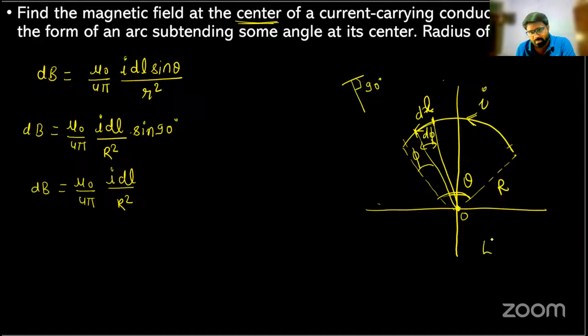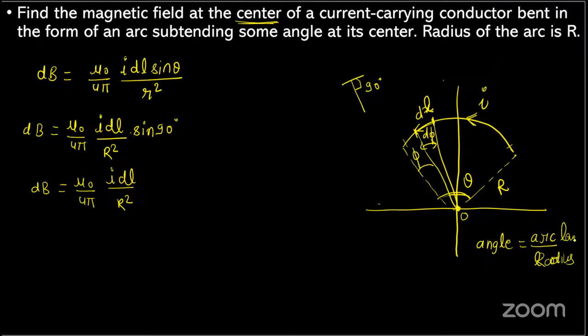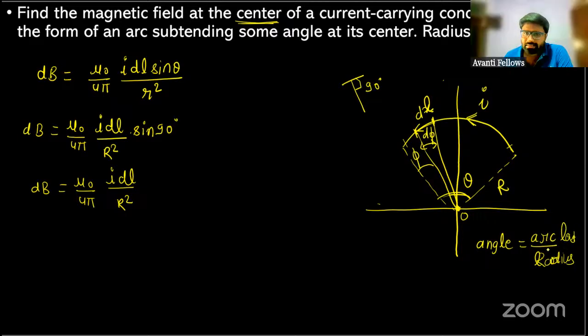We know that angle is equal to arc upon radius. Arc length upon radius. This is the formula for angle.